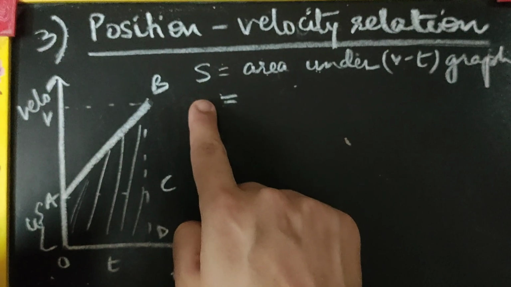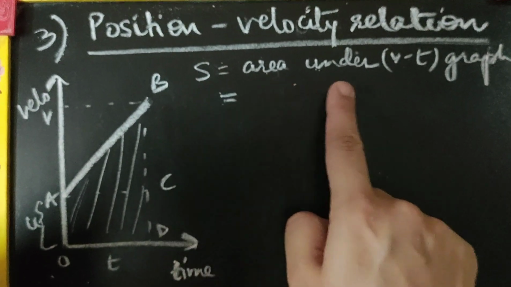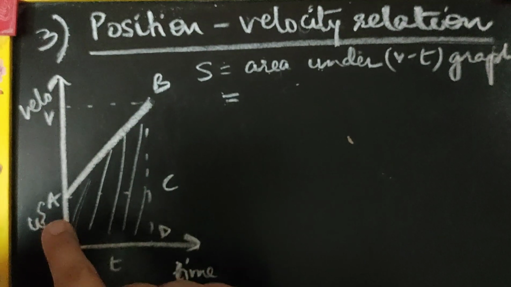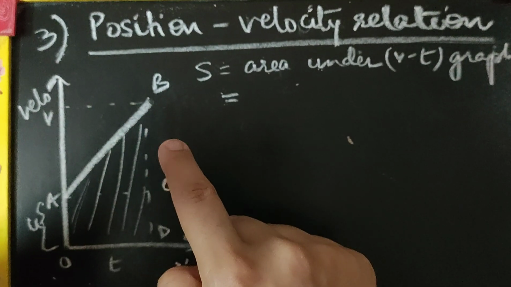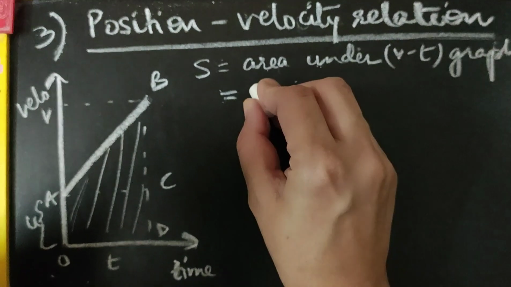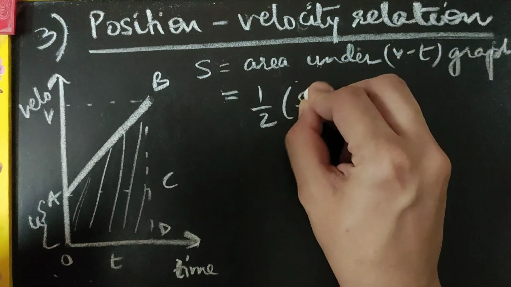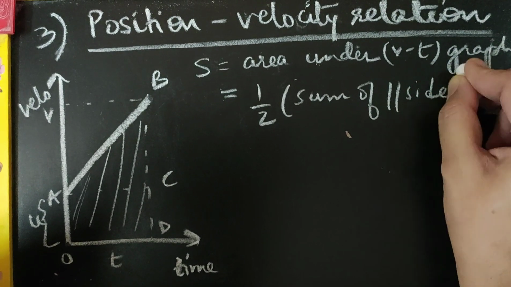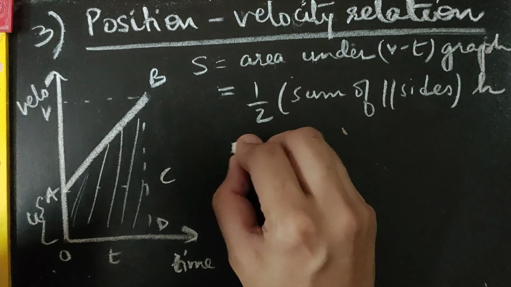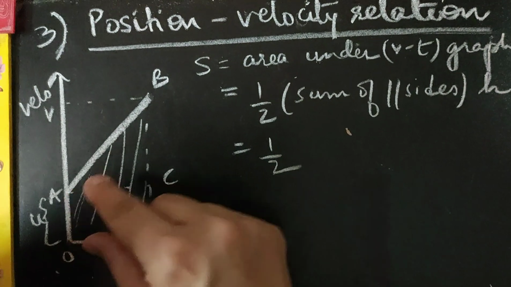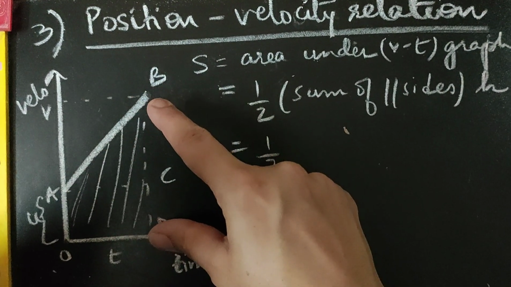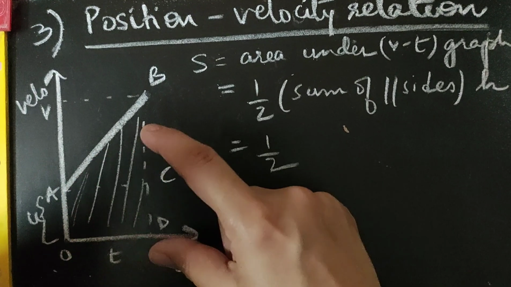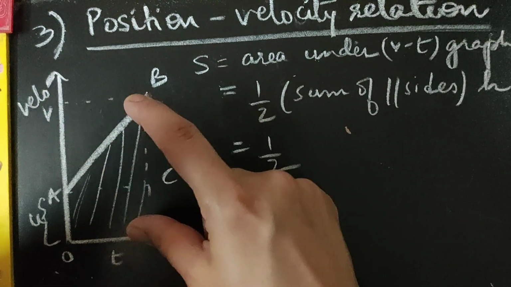We start from the same equation, that displacement is the area under VT graph, and we will write the formula for the area of this trapezium as we did in the previous equation, which is half sum of parallel sides into height. And here also again sum of parallel sides would be the sum of these sides along the velocity axis: side OA, that is the initial velocity intercept, and side BD, which is the final velocity.